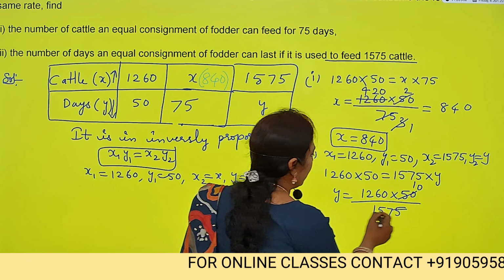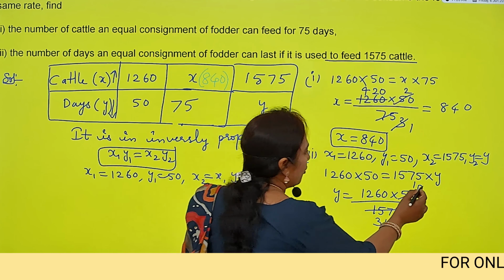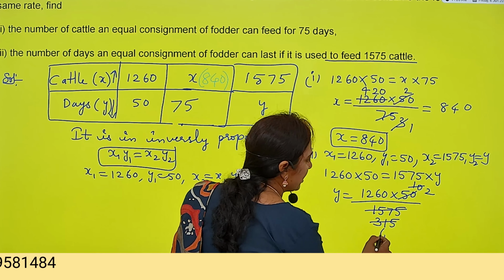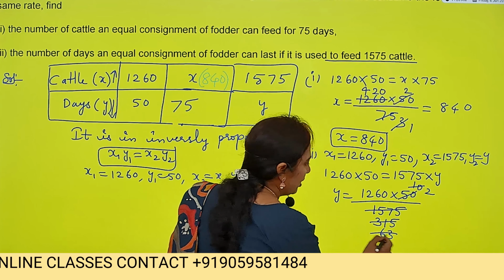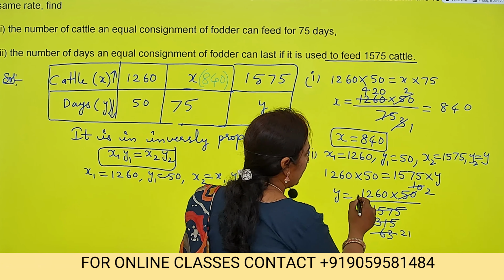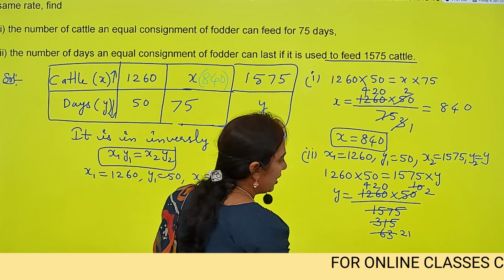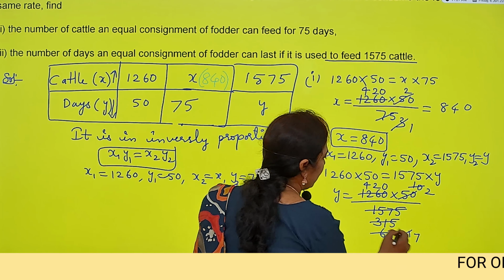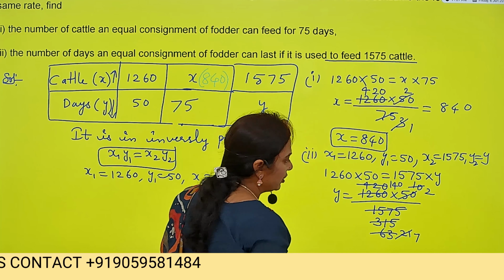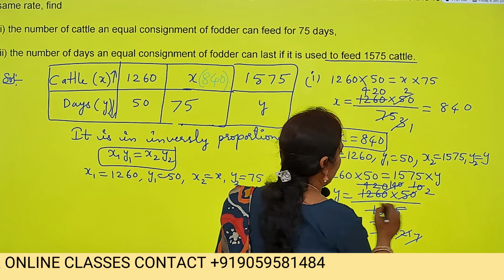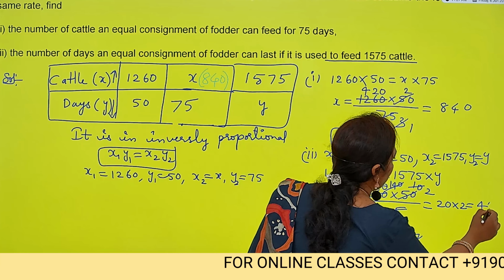Simplifying with the multiplication tables, it is equal to 20 into 2, 2 twos are 40.